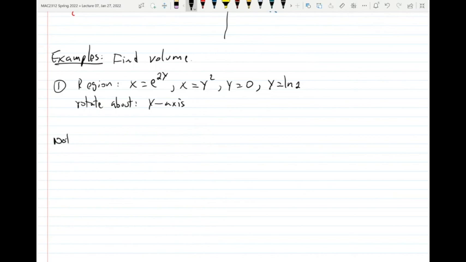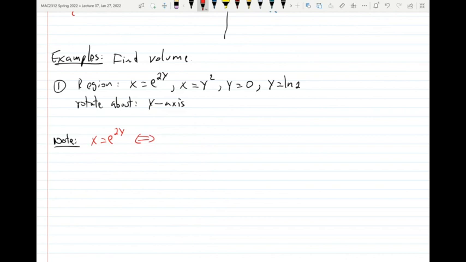So note, x equals e to the 2y. Remember, the graph of this is the collection of points x, y that solve the equation. So whatever equation that I write here that's equivalent to this one, I can use it also to graph.